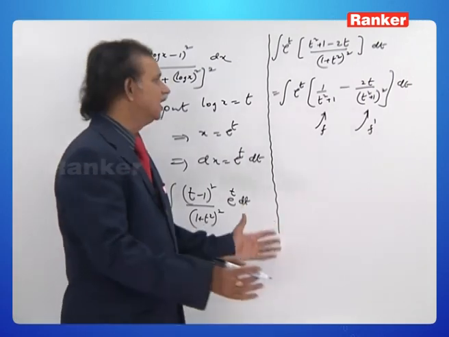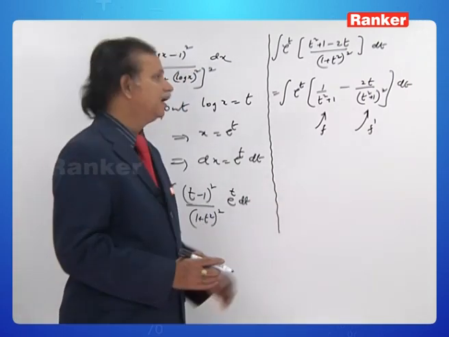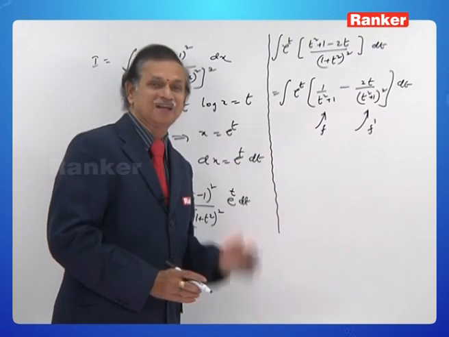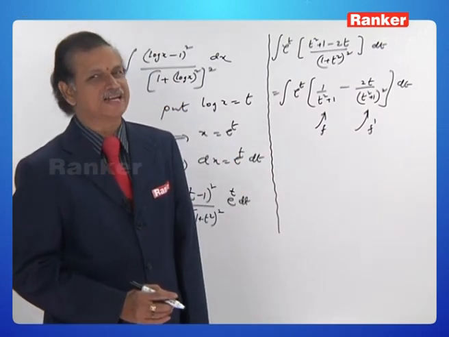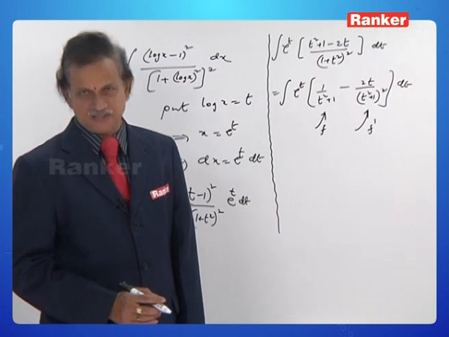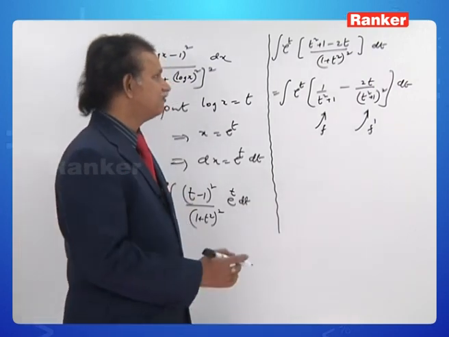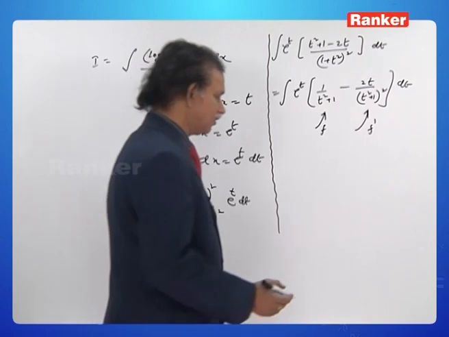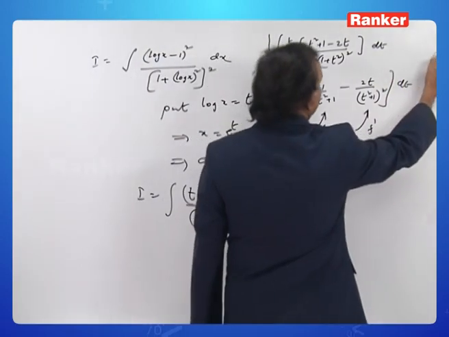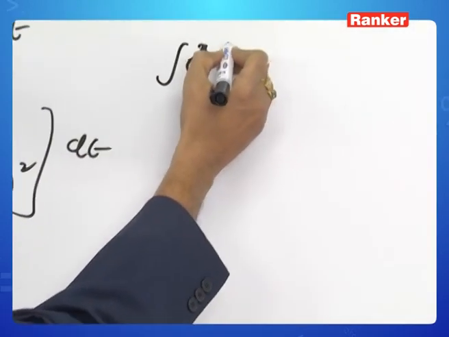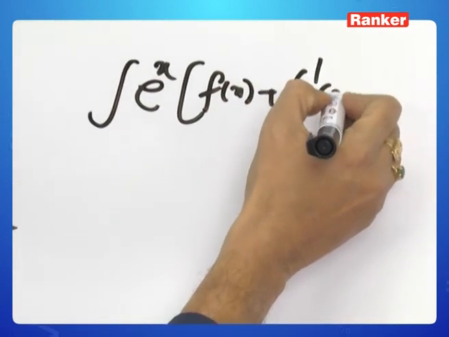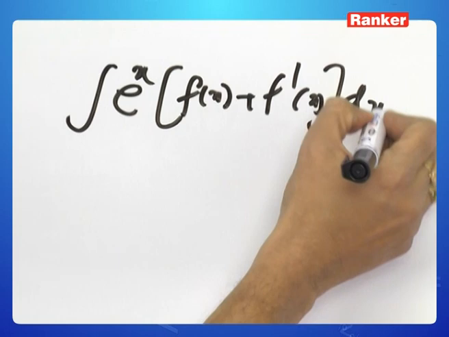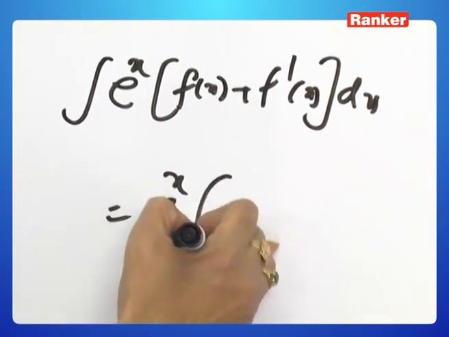This has been put into the form e power x into f of x plus f dash x. What is e power x into f of x plus f dash x? Integral of that is e power x into f of x. Isn't it? A famous formula. Shall we recall it? Of course. Integral of e power x into f of x plus f dash x is equal to e power x into f of x.